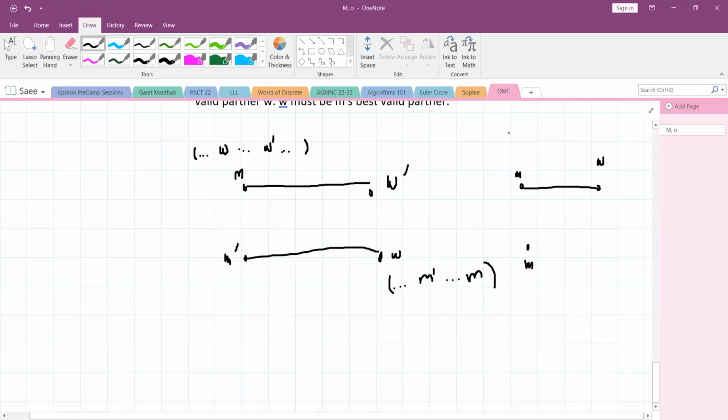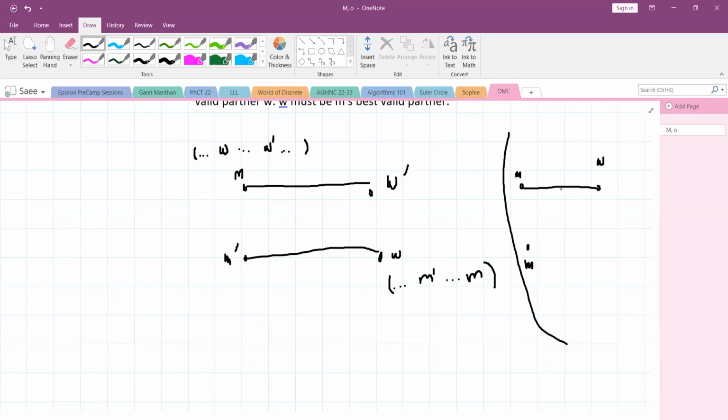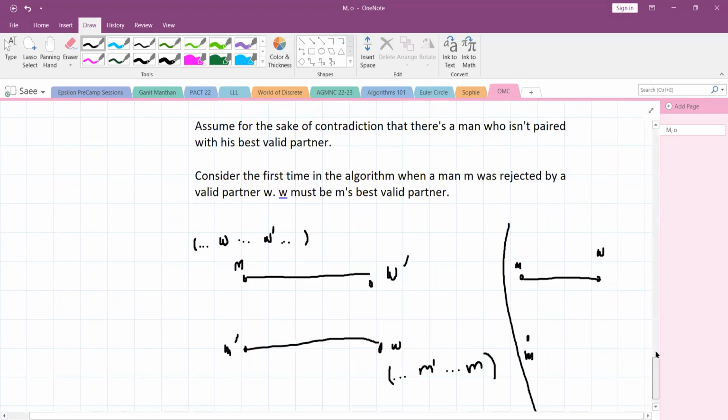Yes. Okay, awesome. Now let's consider this other stable matching in which M and W are actually a pair. Why does this stable matching exist? Simply because W is a valid partner of M, and that is exactly how we define valid partners, right?